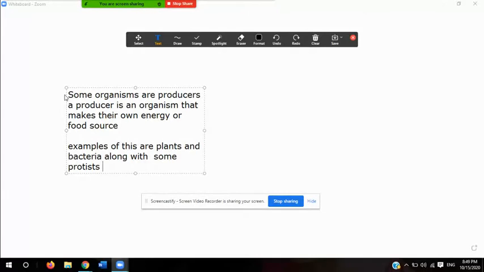The main source of chemical energy for most organisms on Earth. Okay, so it says producers are the main source of energy for many organisms on Earth. So, producers are a source of energy for many organisms on Earth.